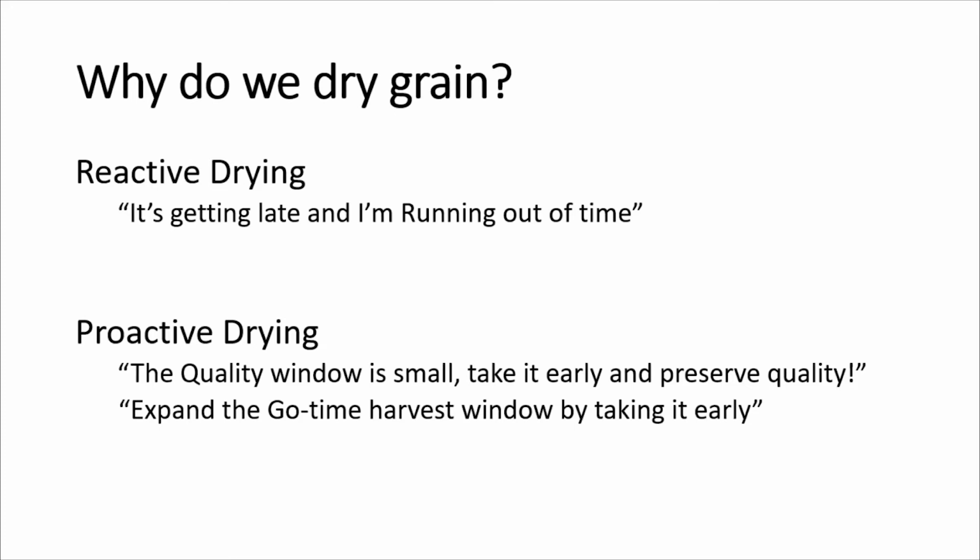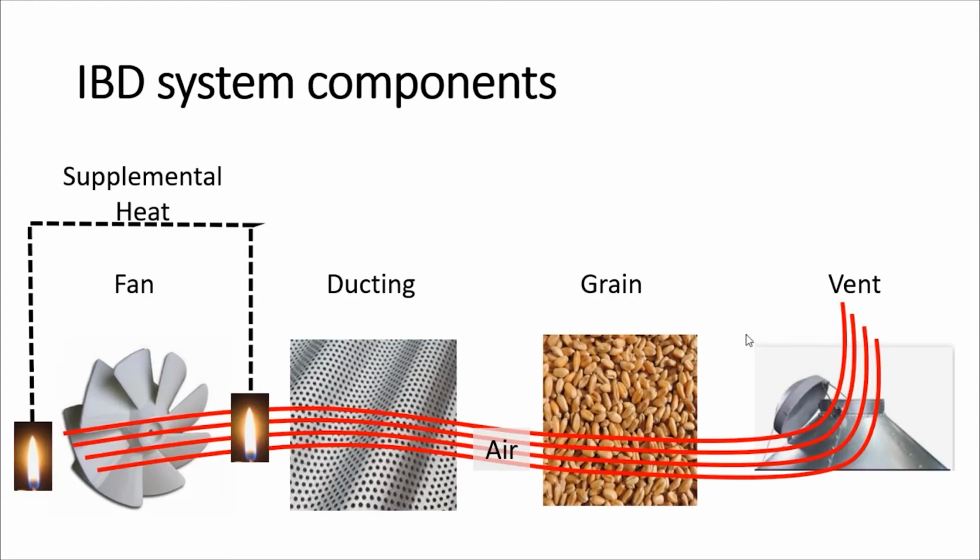And that really is the key to opening up proactive drying, is to have a system that you rely on and that you can actually dry your commodity 3 to 4 points and do it for 8 cents a bushel. All of a sudden, it turns into a really efficient insurance policy.